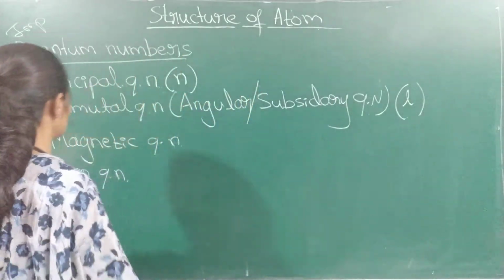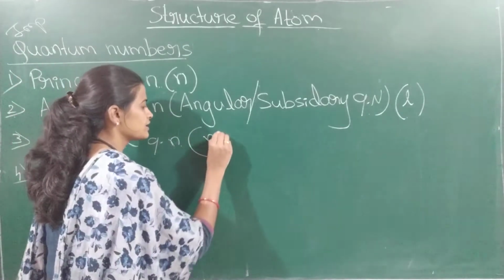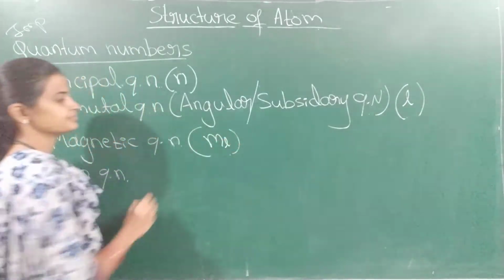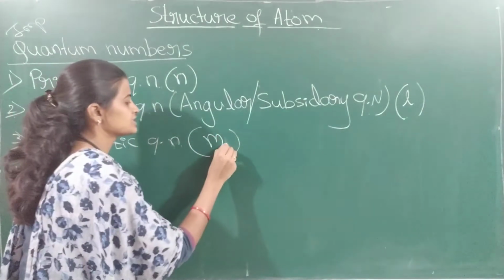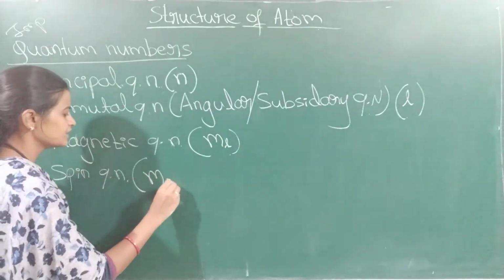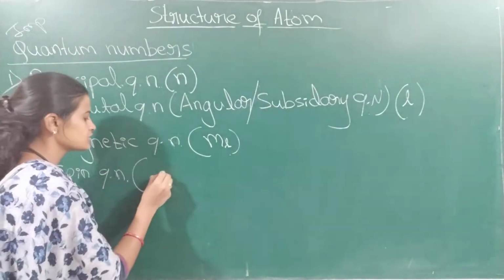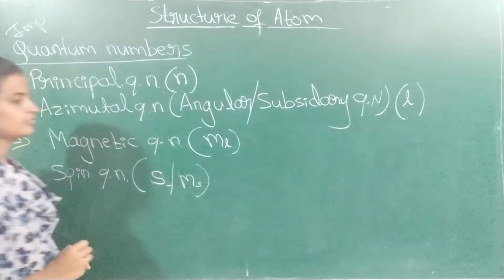Remember. And the magnetic quantum number is represented as ml, small m and subscript l. And spin is represented as ms, or small s or ms. Got it?